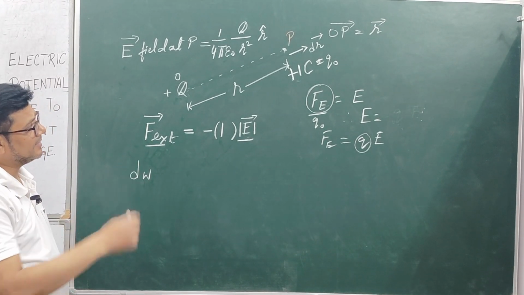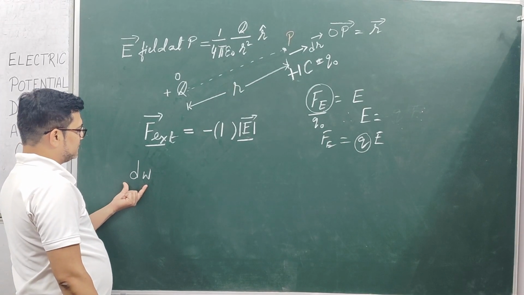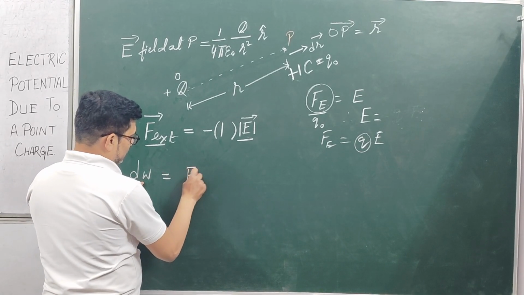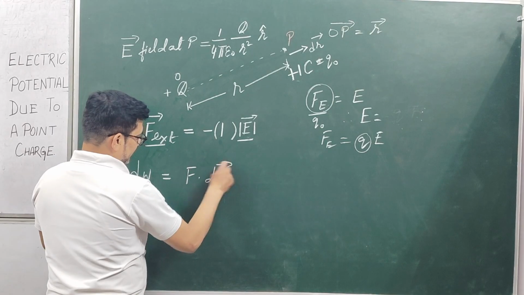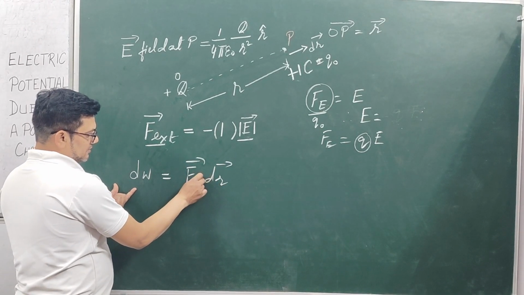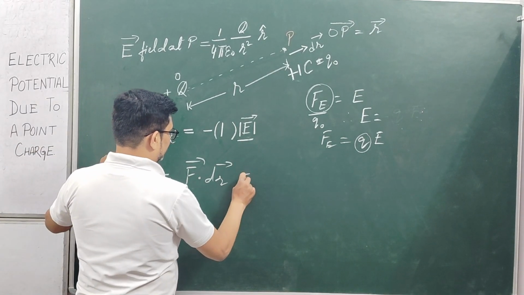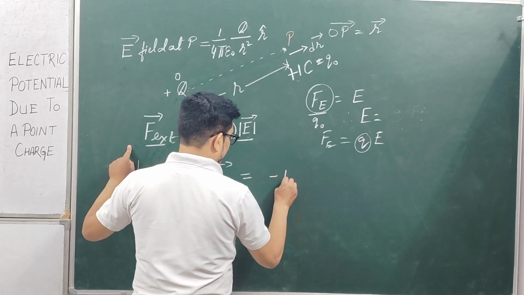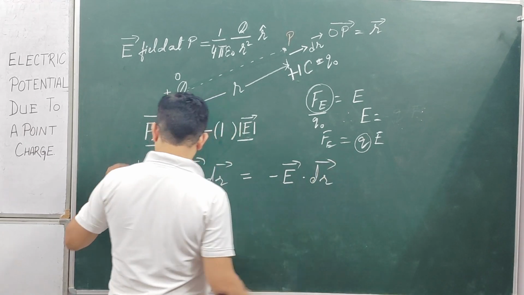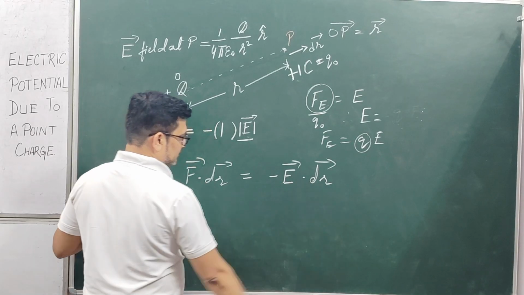Then dW is going to be equal to force dot dr. Any force, when you compute work done, is force dot dr, a dot product, and we can write this conveniently as E dot dr. So dW is essentially coming out to be negative of E dot dr.